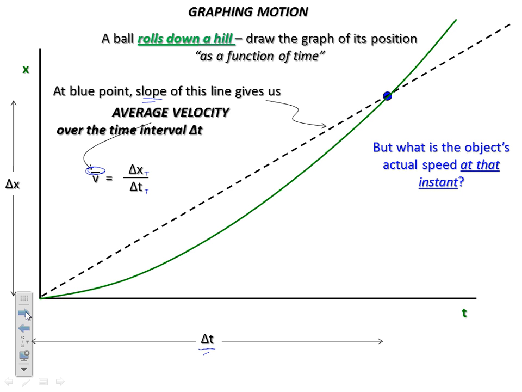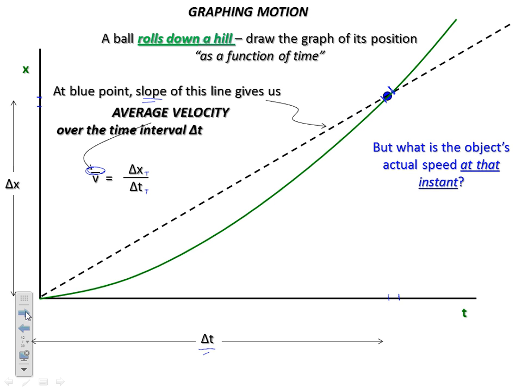Well, instead of looking at, in general, how far it's gone and how long it's taken, we have to look at a really small interval of time, maybe like that big. And in that little interval of time, maybe it's traveled like that far.